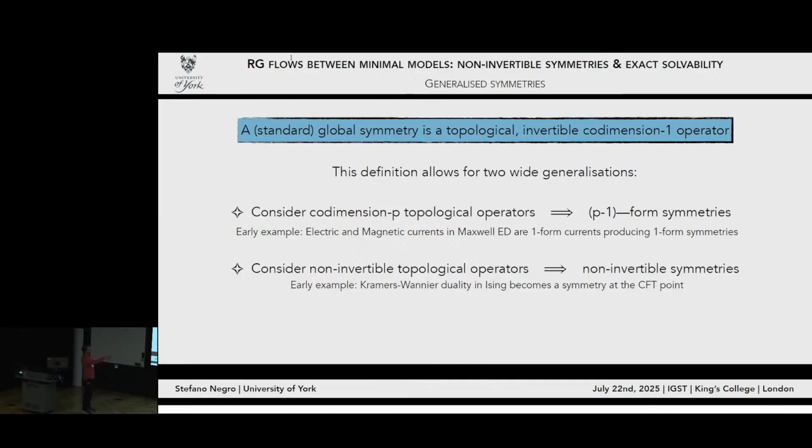So we don't really want to drop the topological part because that's what makes the object a symmetry. But we can drop the invertibility condition, and this brings us to the non-invertible symmetries. So these are symmetries that do not necessarily have an inverse, and I'm going to give you an example later. Or we can drop the codimension 1, we can change it and actually consider operators defined on a higher codimension surface, and these are the higher form symmetries. Now in this talk I will be focusing on non-invertible symmetries specifically, and specifically in 2-dimensional conformal field theories. Okay.